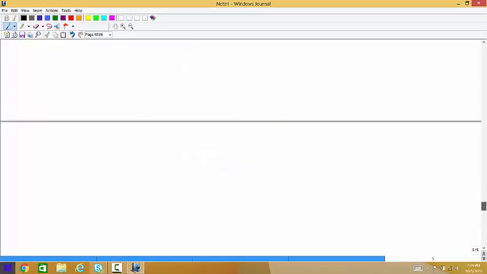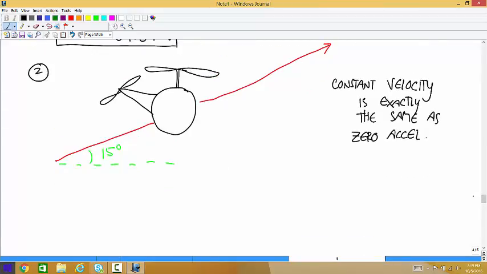So parts A, B, and C ask you stuff about where the object hits the ground, the highest point.